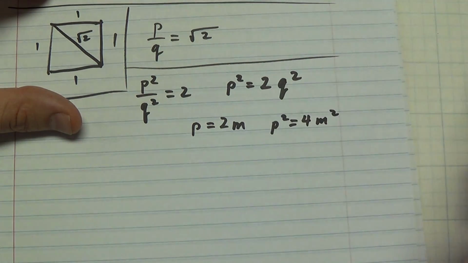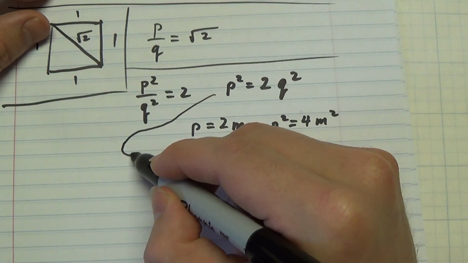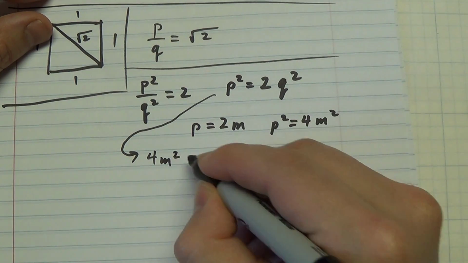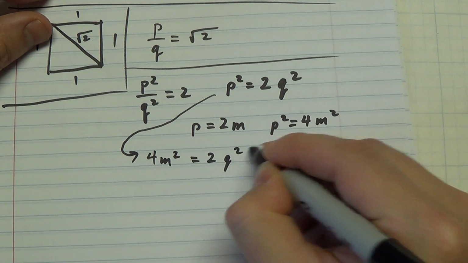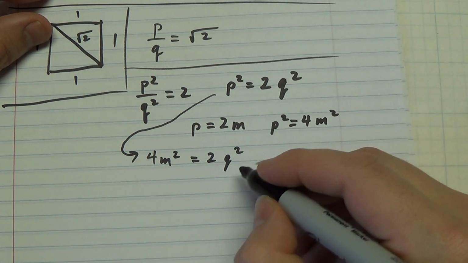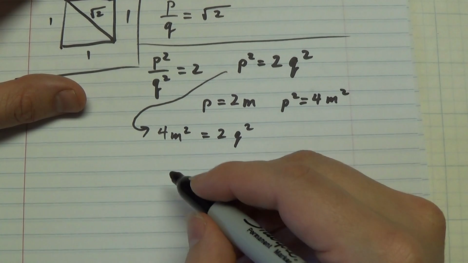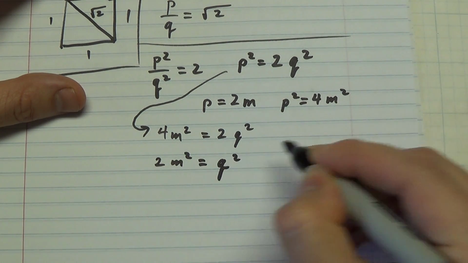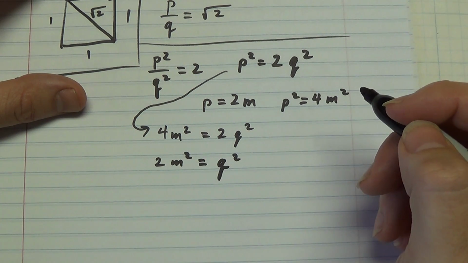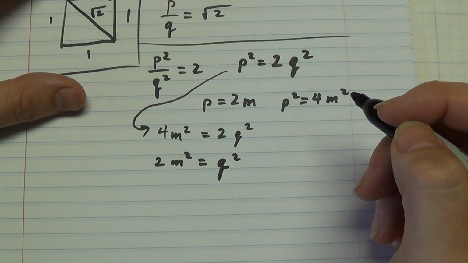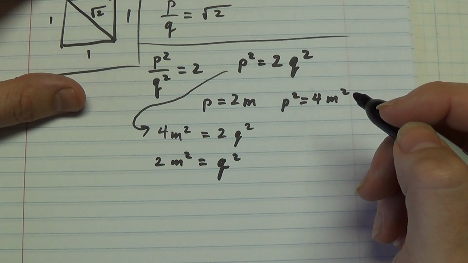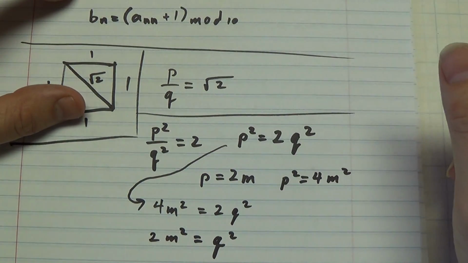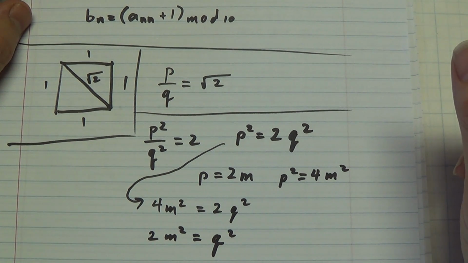So let's replace that up here. 4m squared is 2q squared. Well, canceling gives us 2m squared is q squared, which means q squared is an even number, which means q is an even number, which means it has a factor of 2, but up here we canceled all the common factors.